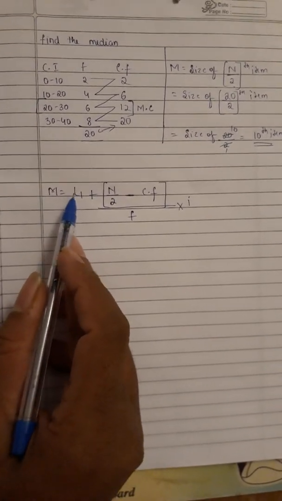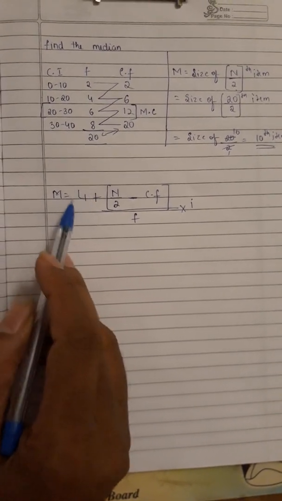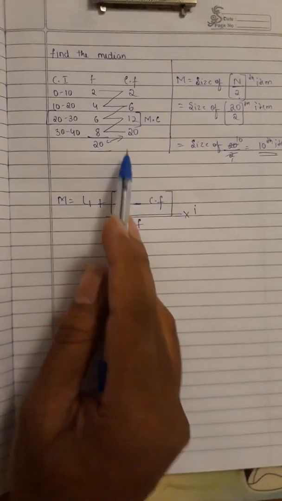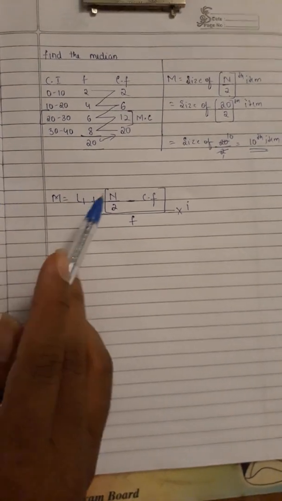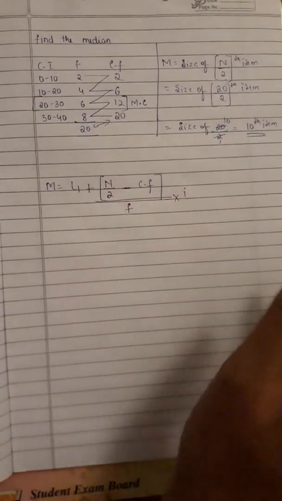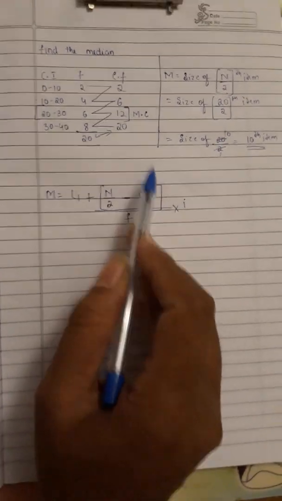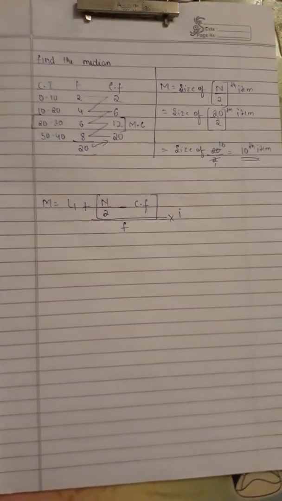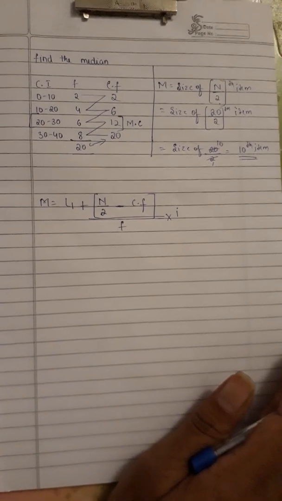Now we have to identify all the values from the median class itself: L1, n divided by 2, and the cumulative frequency. We'll identify them one by one.